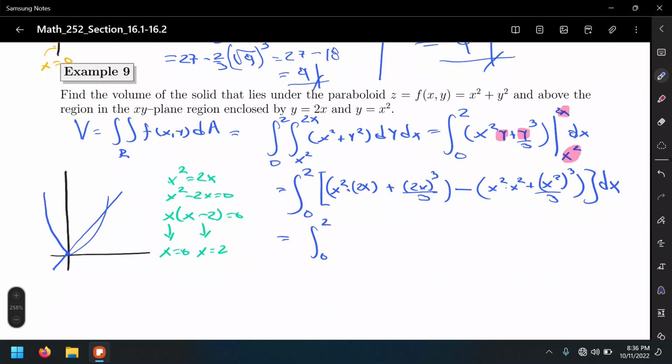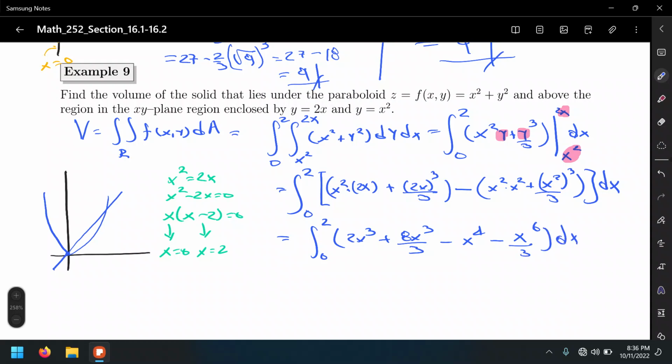So that's the integral from 0 to 2. That's going to be 2x cubed, and that's 8x cubed over 3, minus x to the 4th, and minus also x squared cubed. Careful, power of another power. What do we do with the powers? Multiply, so that's x to the 6th power, and that's over 3, dx.